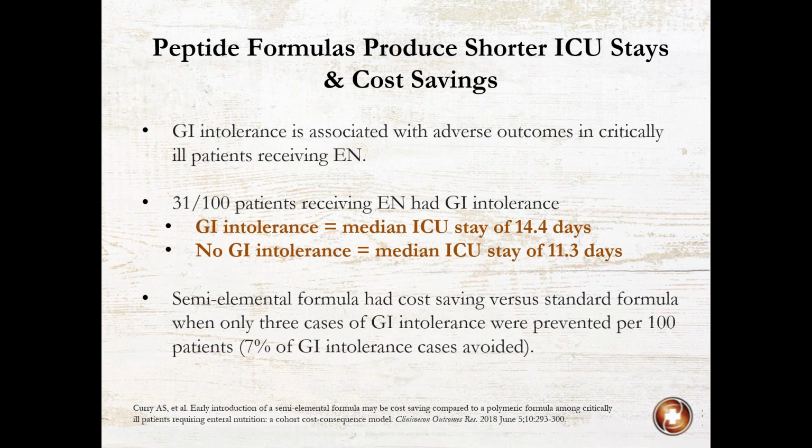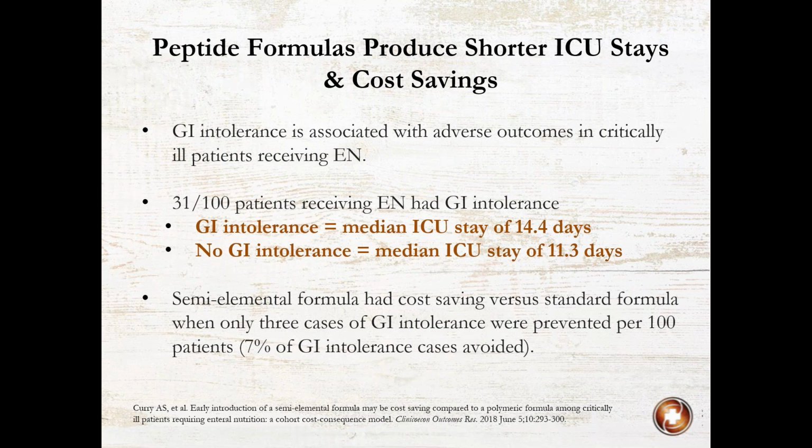So as we can see here, the median ICU stay was 14.4 days because of GI intolerance. And then patients that did not develop any GI intolerance, their median ICU stay was 11.3 days. So it's about a 3-day difference. So we know that peptide-based formulas do cost more than your standard polymeric formulas.